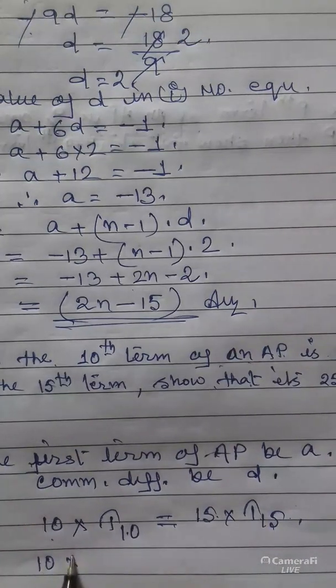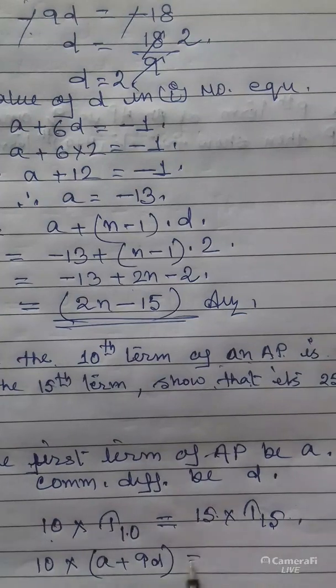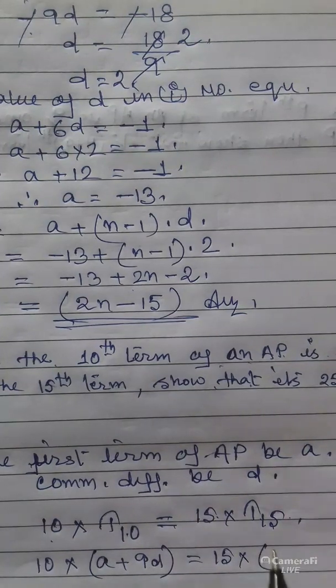So 10 into T10 equals 15 into T15. Now 10 into (A plus 9D) equals 15 into (A plus 14D).